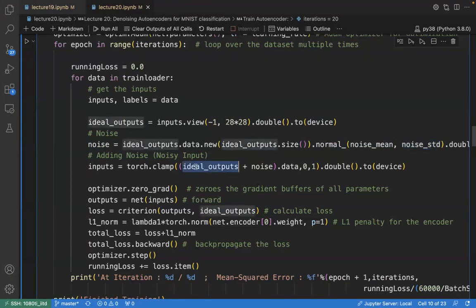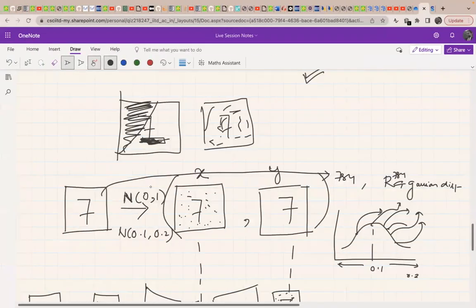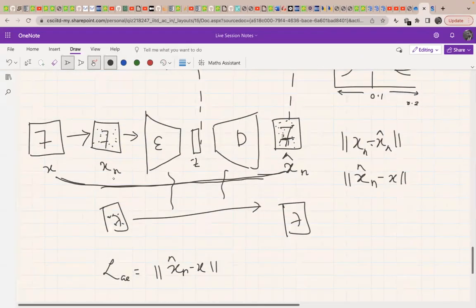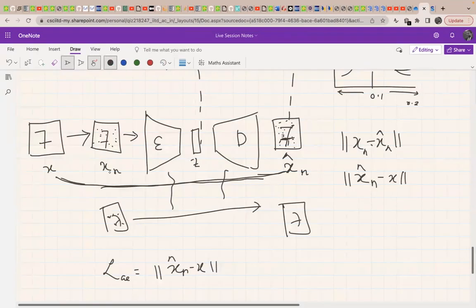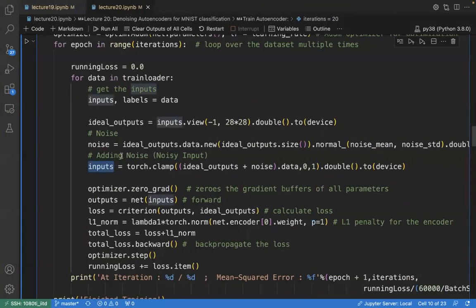Then we are adding it to the ideal output, the ideal 7 without noise, and we're getting the inputs. So this is my XN. Ideal output is the X, and XN is the input which has noise.